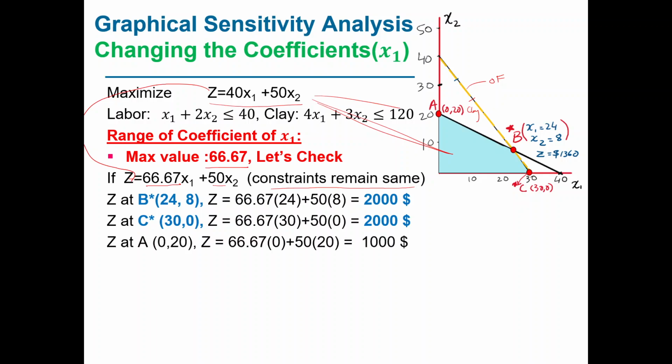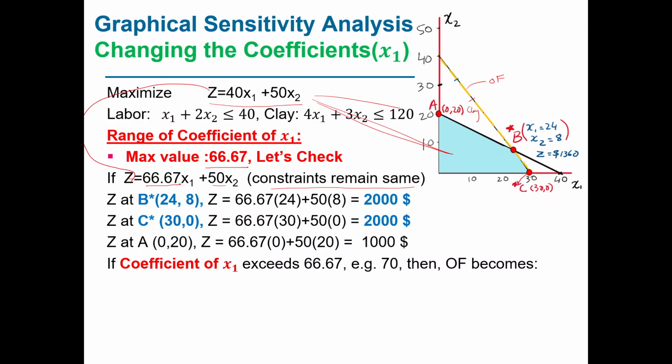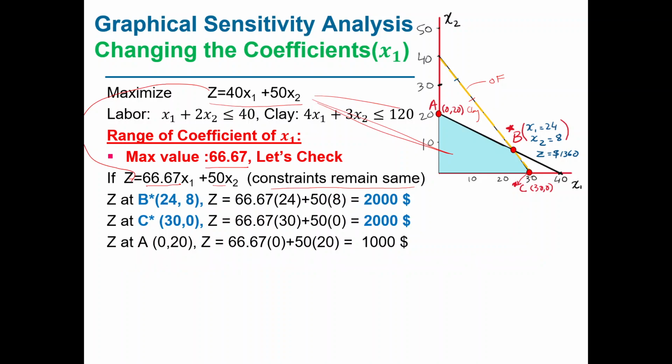And at point A, the profit is $1,000. We can see that in addition to point B, point C has also become an optimal point. So we can conclude that if 66.67 is placed as the coefficient of x1, we will still end up with point B as an optimal point.